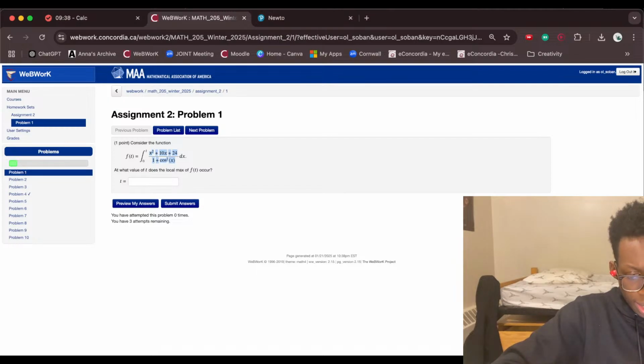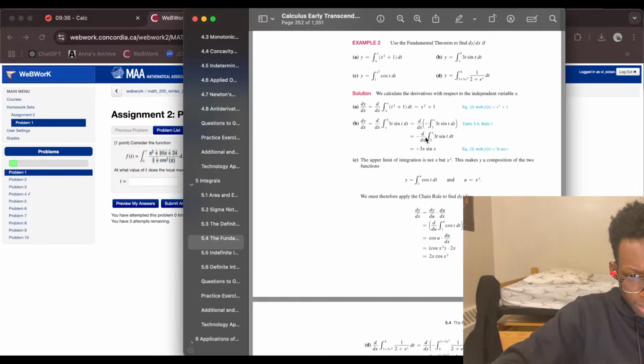Does it just cancel out that dx? I don't know. No, it does not. So we would just cancel it out, and then you have the minus 3x, I'm assuming.